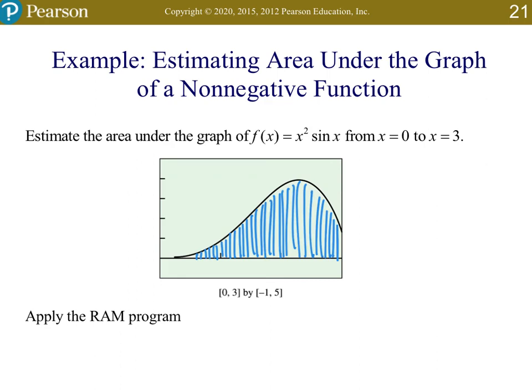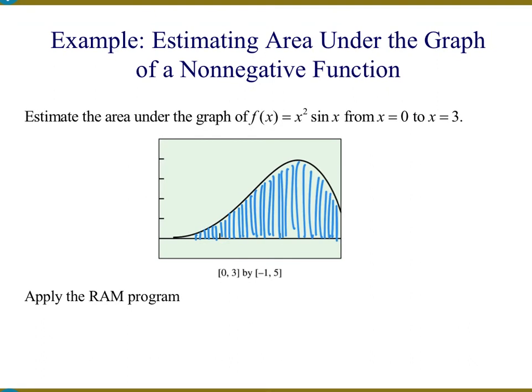Now the homework questions will give you a specification of how many they want you to do. It'll usually say in a little subscript here, maybe 25 or something like that. So it'll give you a subscript of how many rectangles it wants you to run, and will always give you the interval running from 0 to 3.